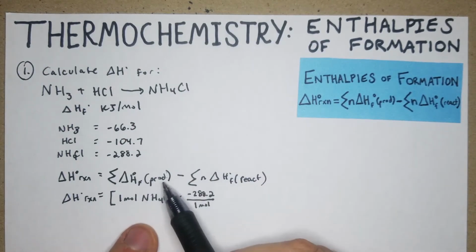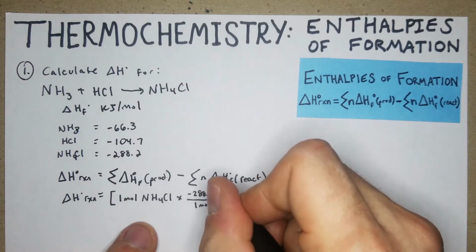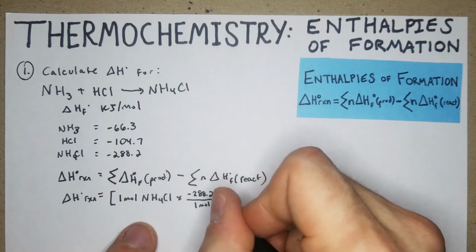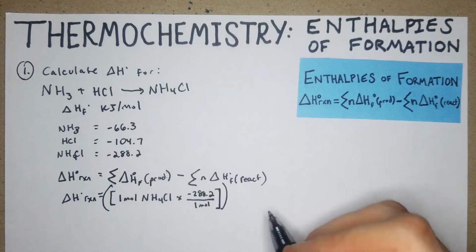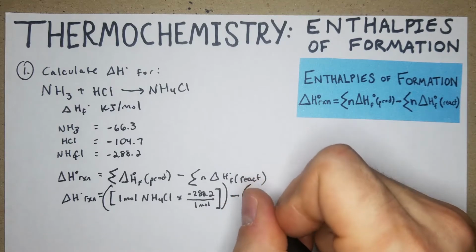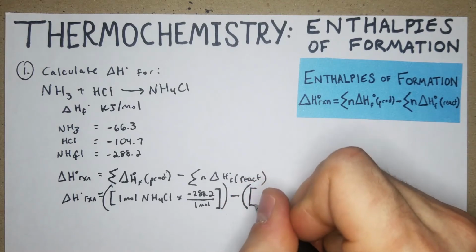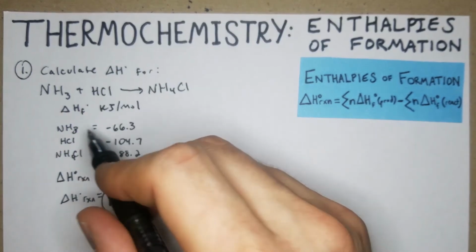Also, we're starting with the products, so we're going to start with the NH4Cl. I like to double bracket because it will make sense when there's multiple on each side. Minus this, which is going to be, okay, now we're going into our reactants.